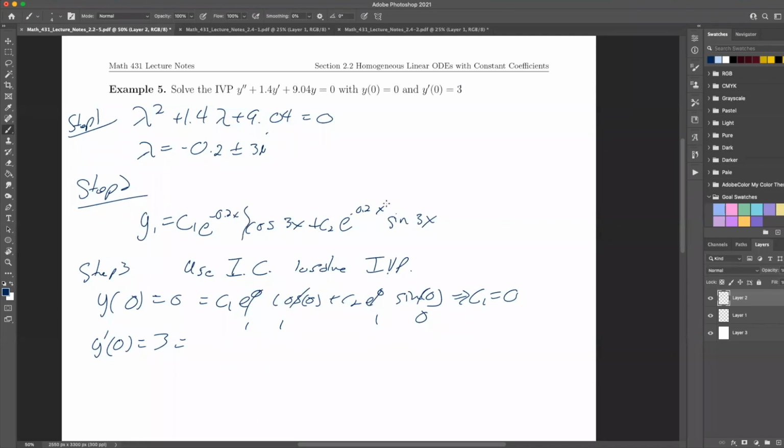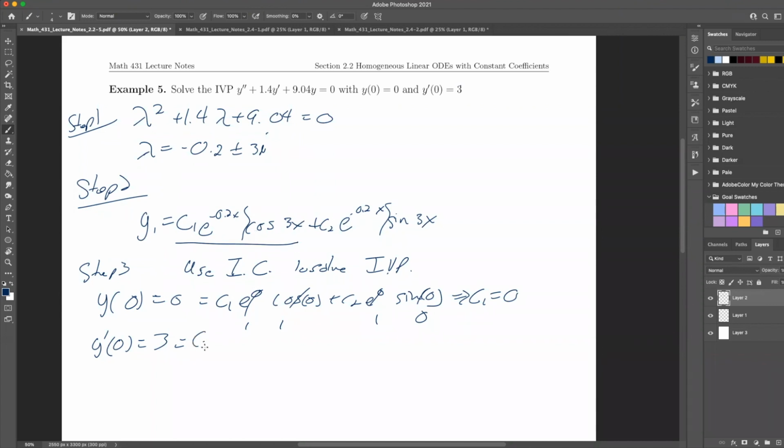What do I have to do here? I have to use product rule, right? Take this derivative. Now, do I need to do product rule for any of this? And the answer here is no, because I know C1 is 0. So I can just instantly say, I don't care. So let's do product rule over here.